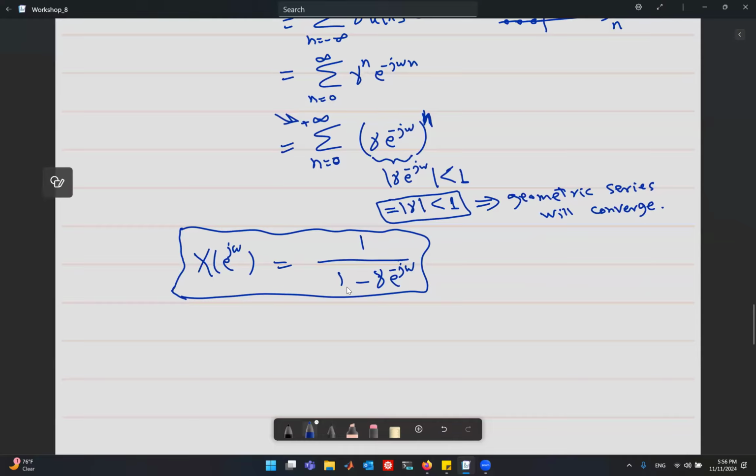Let me write it here just to remember that this is the Fourier transform of this signal with gamma less than 1.